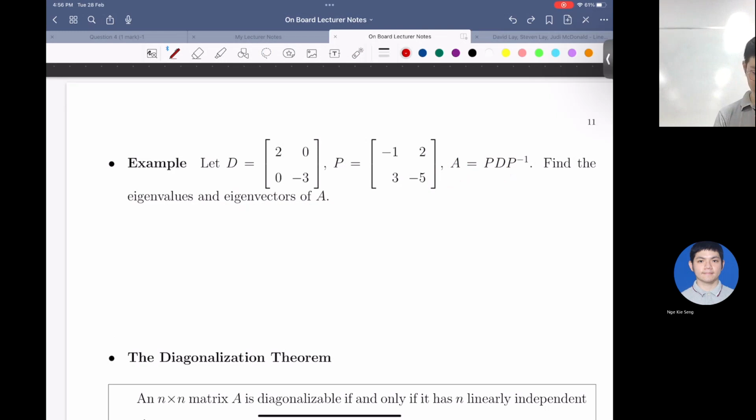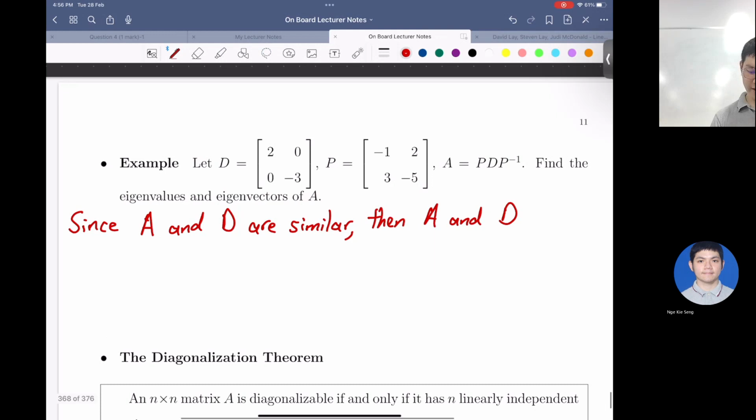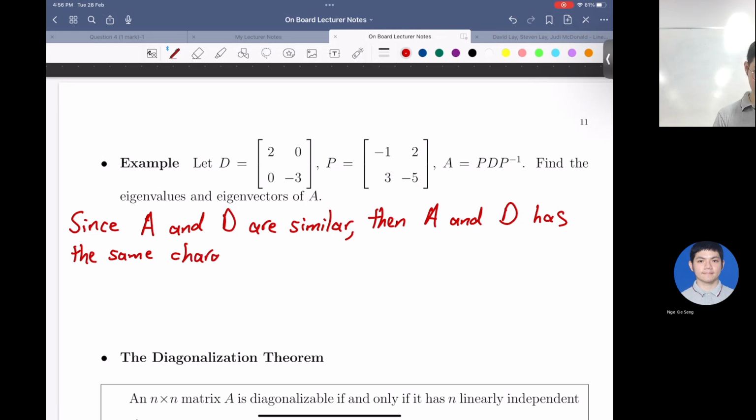So let me write down. Since A and D are similar, then A and D have the same characteristic polynomial.